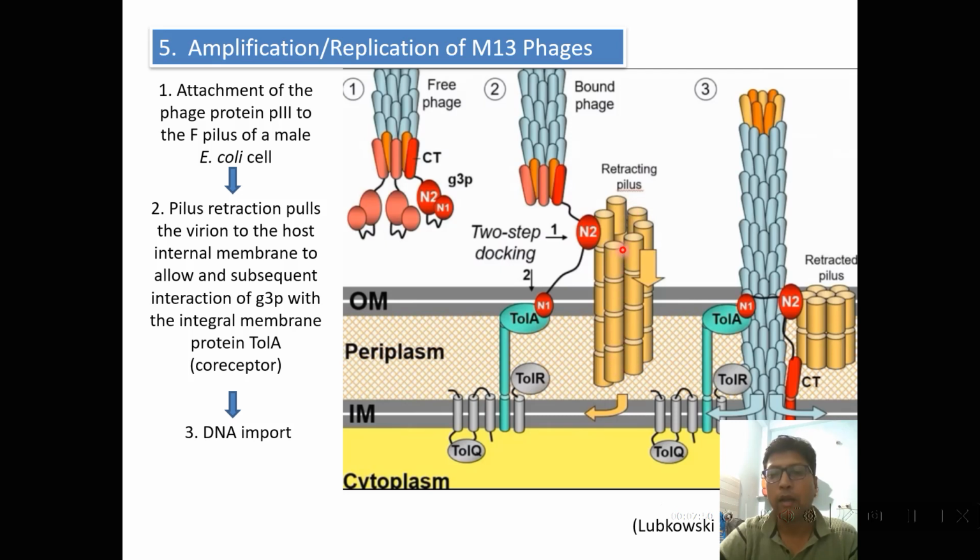This is the pilus, a structure of bacteria which is useful for the conjugation mechanism of bacteria. And this is the C-terminal part, which directly binds with the phages and is responsible for retracting the phages inside the bacteria.